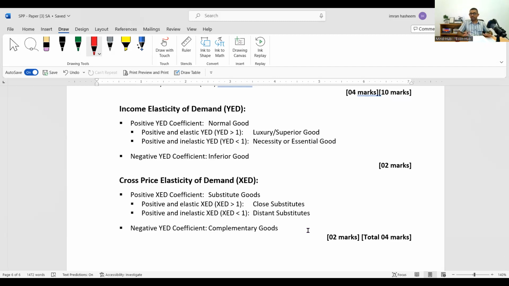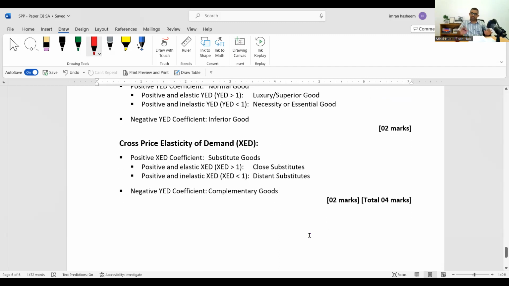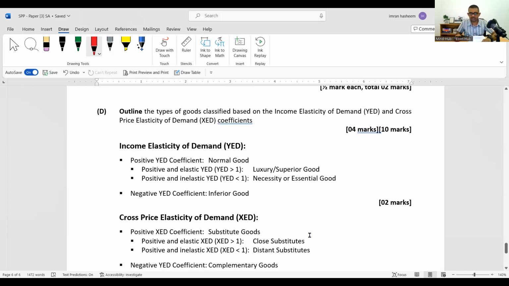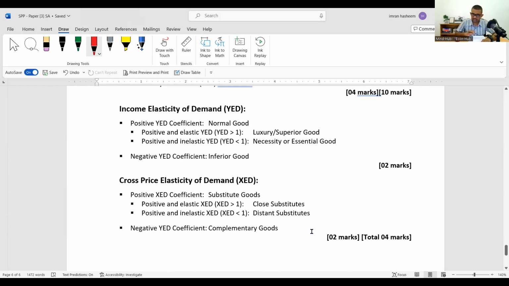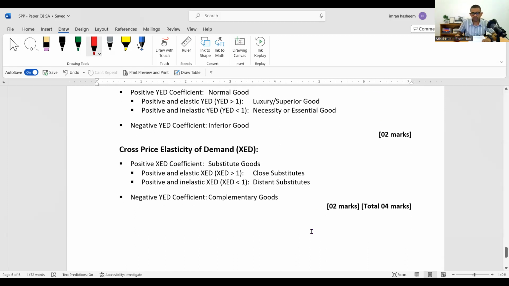All of us know, because I stressed it today, greater than 1 is elastic and less than 1 is inelastic for the coefficient of PED, YED, XED, PES. Positive and negative are different things. More than 1, less than 1, elastic, inelastic. If you have given an answer that contains the same information and it's clear, you will get full marks.